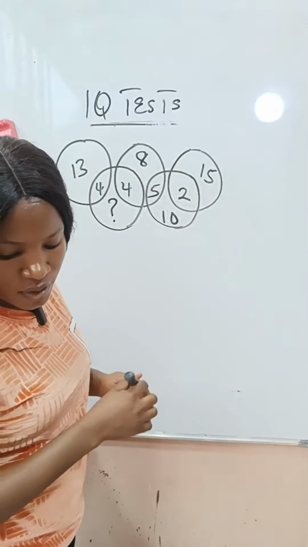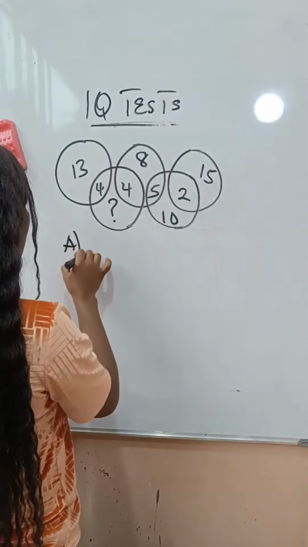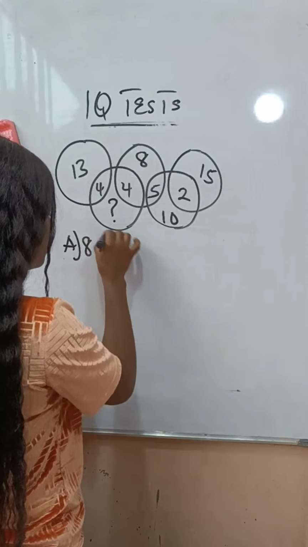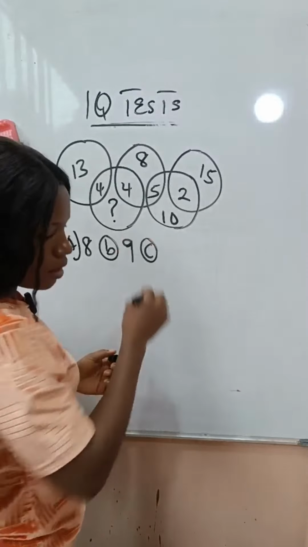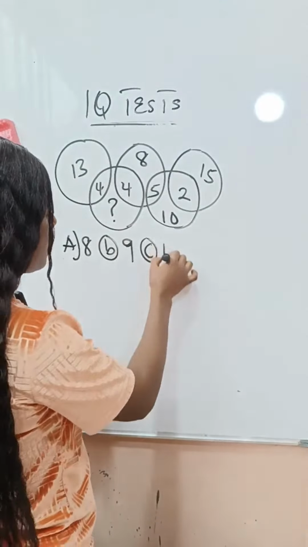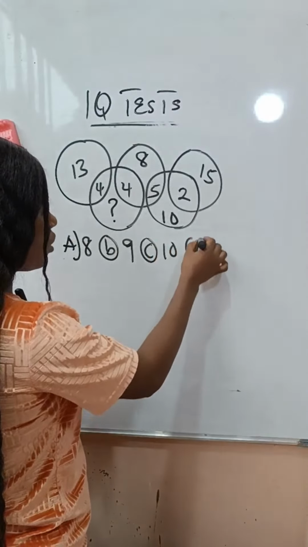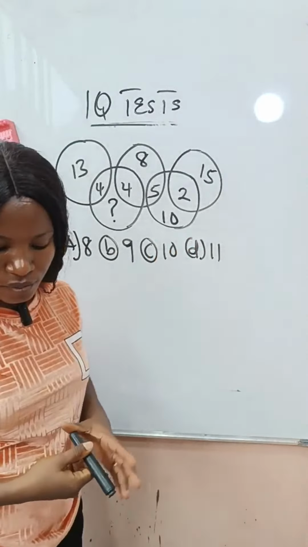The question says, find the missing number. Option A is 8. Option B is 9. Option C is 10. Option D is 11.